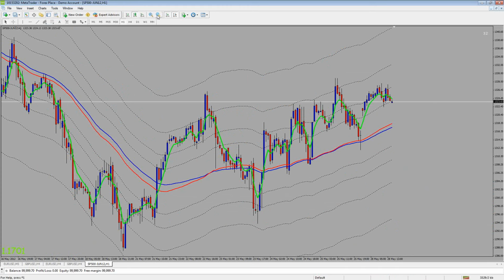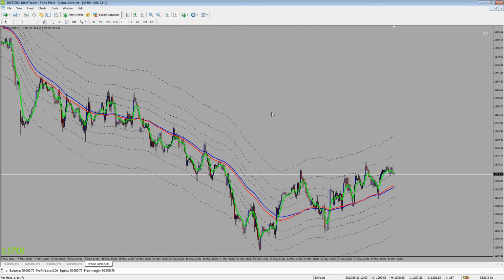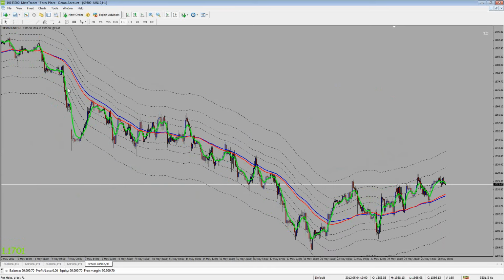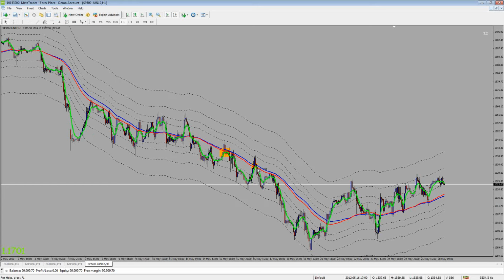Okay, so if you're looking for trading strategies for the S&P, again, always look for going with the trend and look for entry opportunities around the baseline, the moving averages, or when the 5 moving average returns to the longer moving averages, around here, for example, and here, and here.